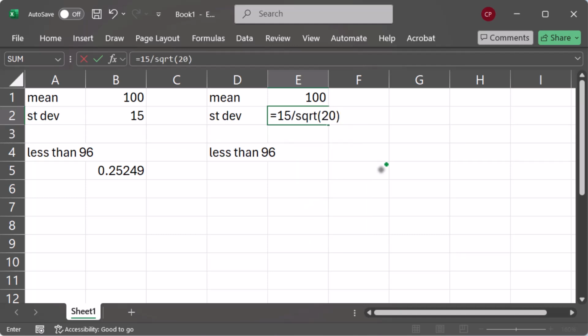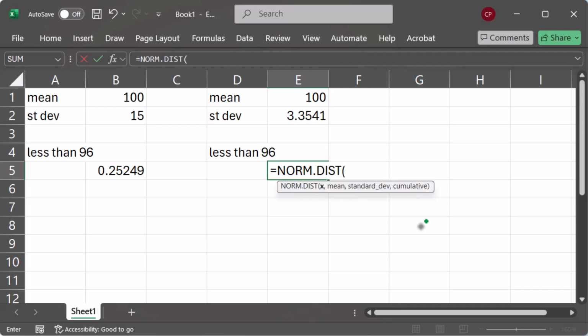In Excel, this would be equals 15 slash SQRT parentheses 20 and parentheses. There's that 3.3-ish number. And I'm going to do my norm.dist function. My x value is 96. My mean is this 100 value. For the standard deviation, I'm going to click on the standard deviation I just calculated.